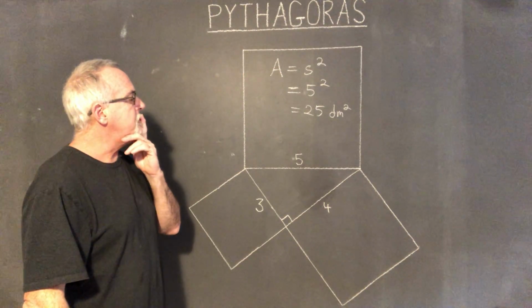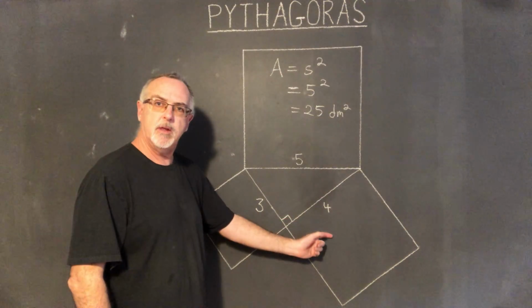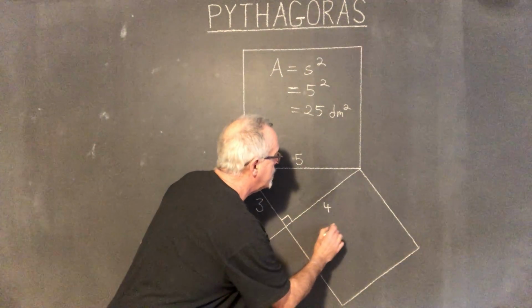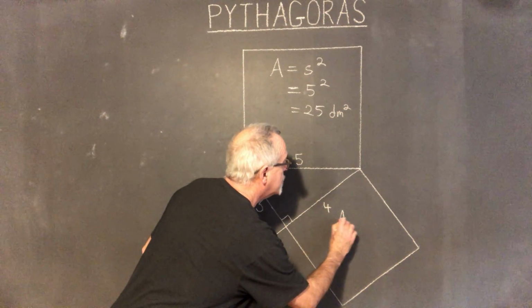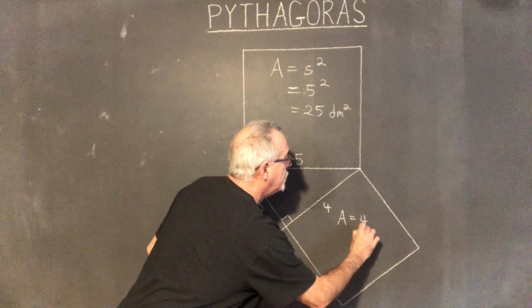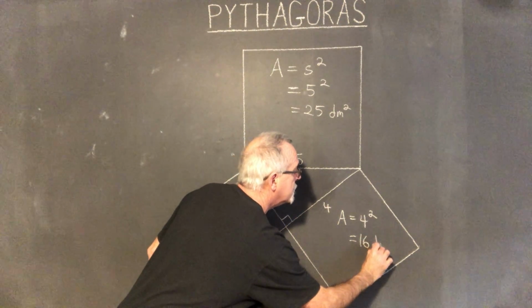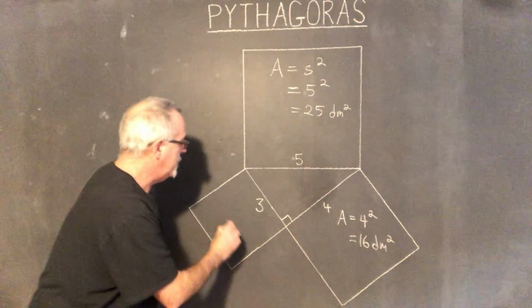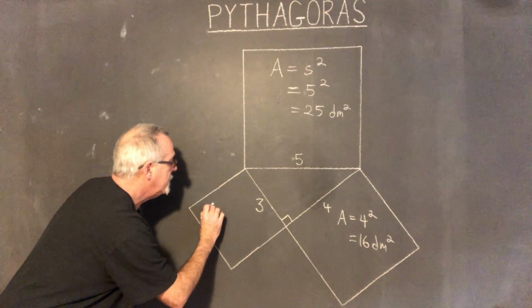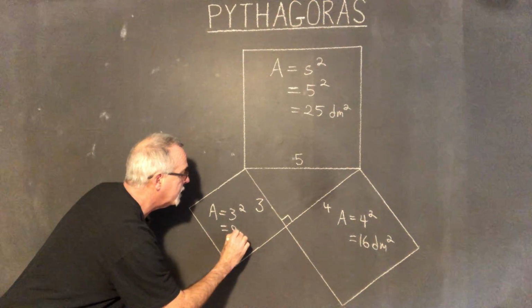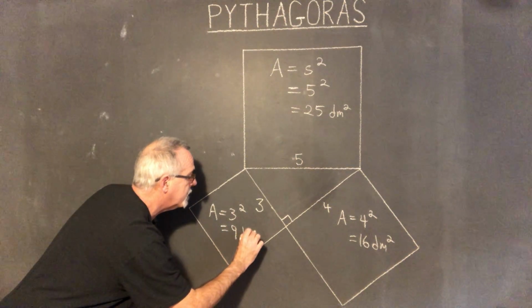We have the area of this square. It's 25 square decimeters. And then we can do the same thing with this one. Why am I doing this? Well, I will explain. The area of this square is going to be 4 squared, which is going to be 16 decimeters squared. And then the area of this little one here is going to be 3 squared, which is going to be 9 decimeters squared.